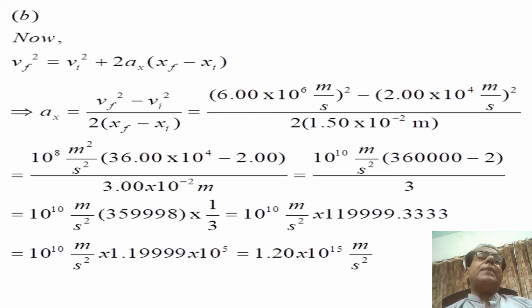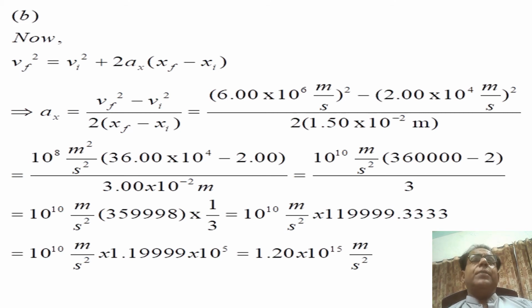This becomes (6.00 × 10^6 meter per second) whole squared minus (2.00 × 10^4 meter per second) whole squared, divided by 2 into 1.50 × 10^-2 meter.